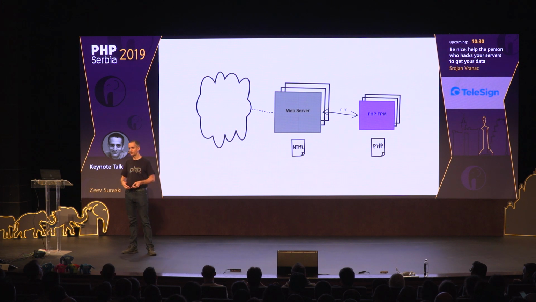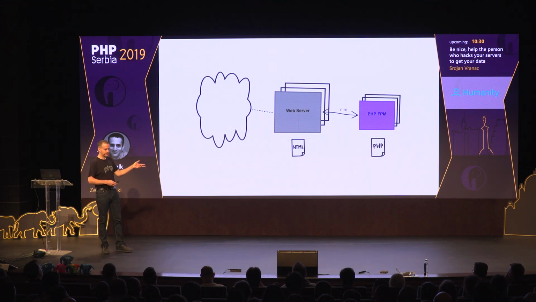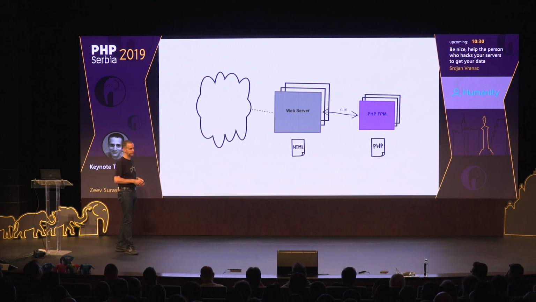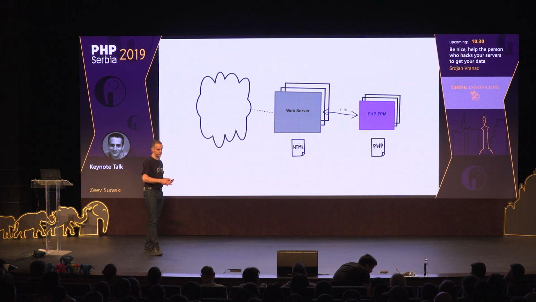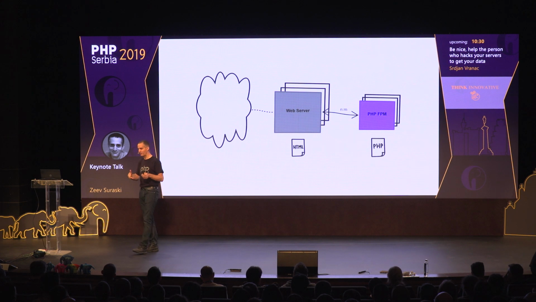Instead, we have a pool of processes that are waiting for requests to come in. When a PHP request comes into the web server, it will funnel it to one of the idle processes that are available. The PHP process would execute it, return the result, and clean itself up and be ready for the next request.